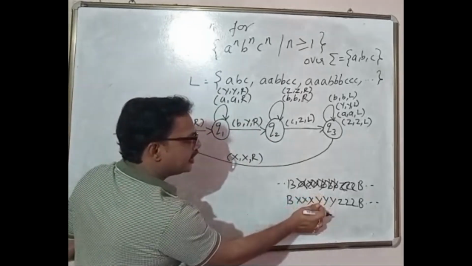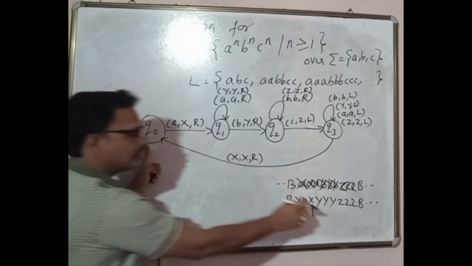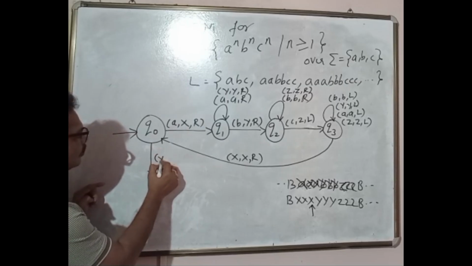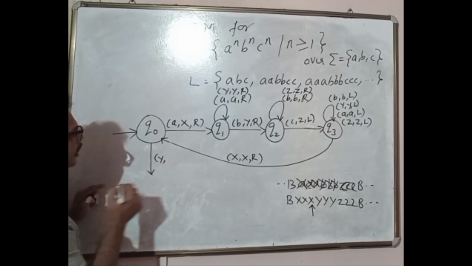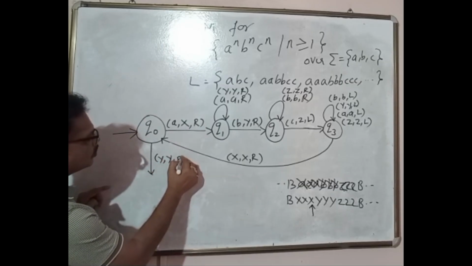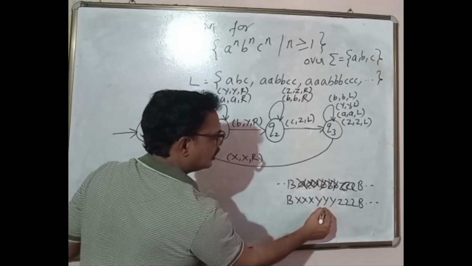But now it is about to read Y. We have not defined any transition for reading Y. We are supposed to do that. Upon reading Y, in this state, keep it as it is and move towards the right.